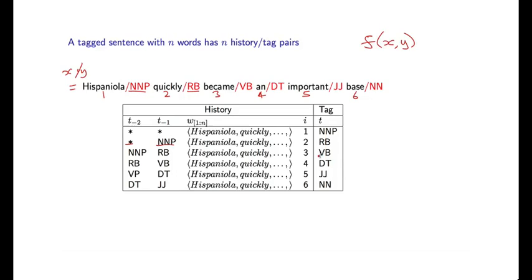The third tagging decision is VB, because that's the identity of this third tag, and the previous 2 tags are NNP and RB. And so on. We have determiner at the 4th position, adjective at the 5th position, base at the 6th position, and in each of these cases the sentence is staying constant, but we have the position of the particular tag, and we also have the previous 2 tags, which obviously change as we modify this position in the sentence.